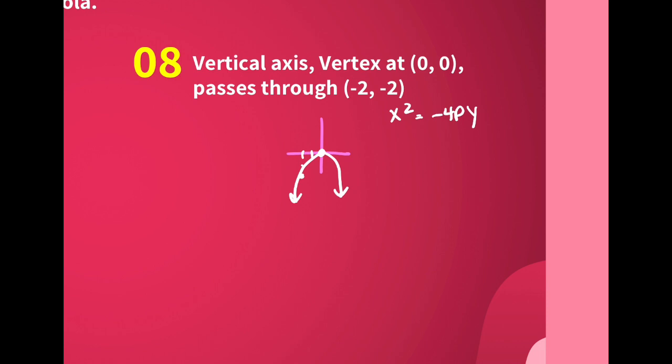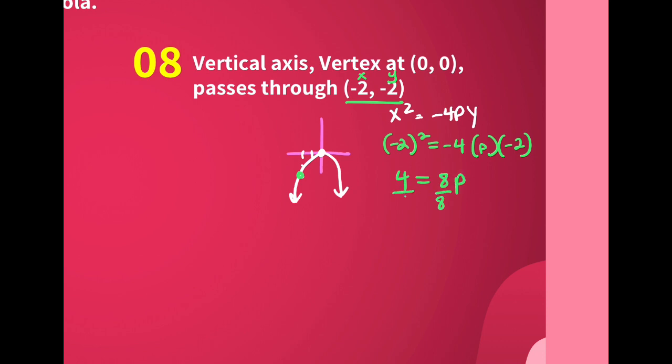I can't count to get p this time, so I'm going to plug in again. So I'm going to use the point that was given, this -2, -2. This would be my x, this would be my y. So -2 squared would equal -4 times p times -2. 4 equals 8p.